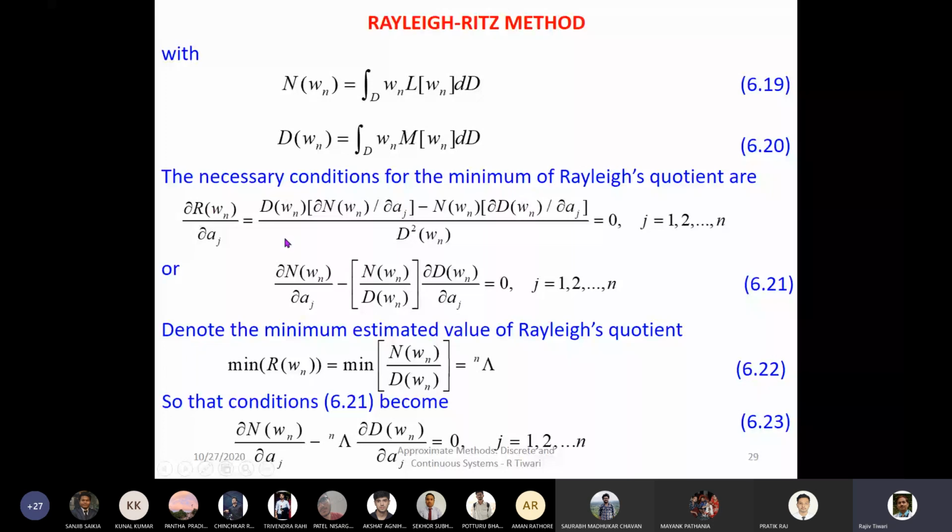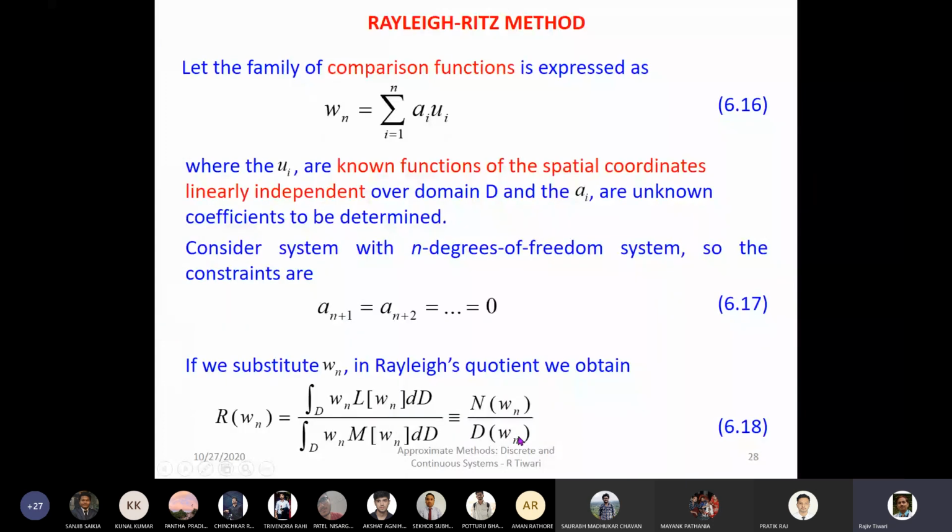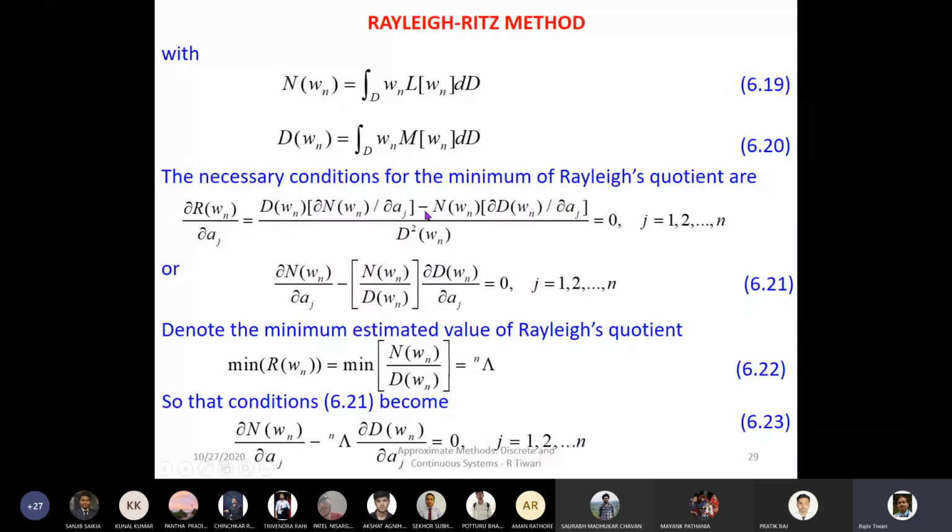Now this is the simple derivative of a fraction, simple mathematics. So d times the derivative of n with respect to a, minus n times the derivative of d with respect to a, over the denominator squared. This is the simple derivation which we do in mathematics.